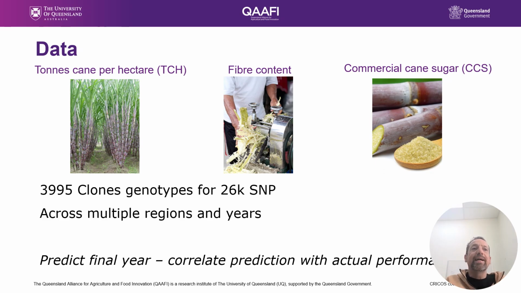And what's been done here is we've used all years except the final year as the training set for these methods, and then predicted the performance of the final year and correlated the prediction with the actual performance. So that's the correlations that you'll see.